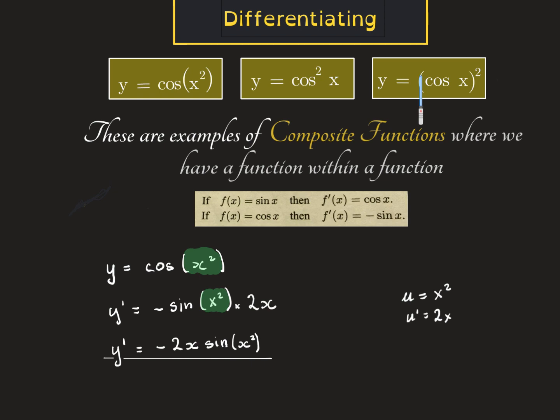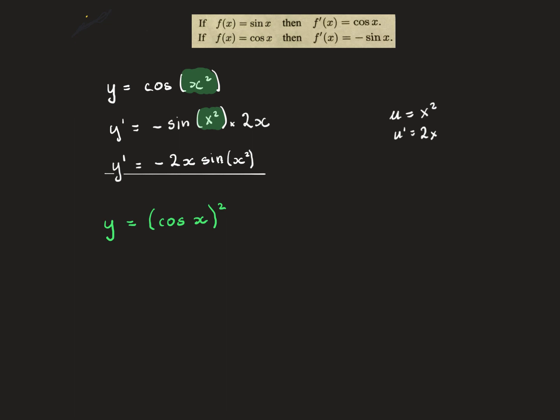Now I'm going to look at the third example here. y is equal to brackets cos x bracket with a square. And this time our function within is going to be once again the one inside the brackets, which is cos x. In other words, our u is going to be cos x. And if we differentiate cos x, as we said above, it becomes minus sin x.